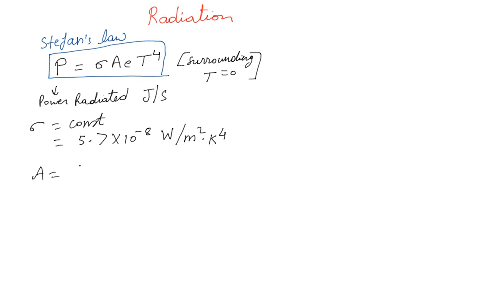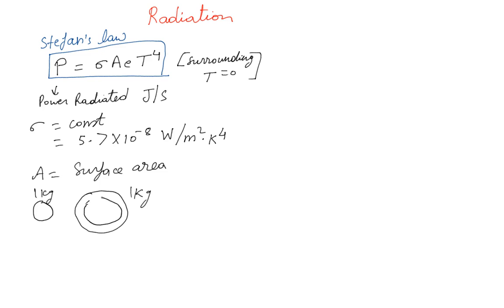A is the surface area of the object that is radiating energy. So if you make a bigger area, let's say you have this big red hot iron ball and you have a larger red hot iron ball, let's say using the same 1 kg in forming this ball.